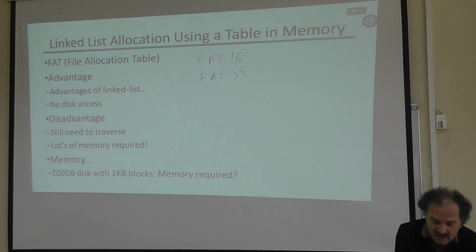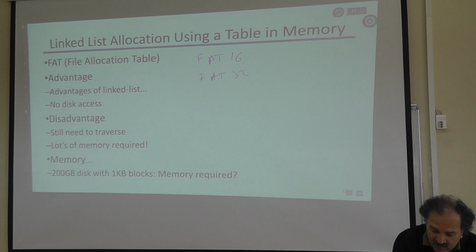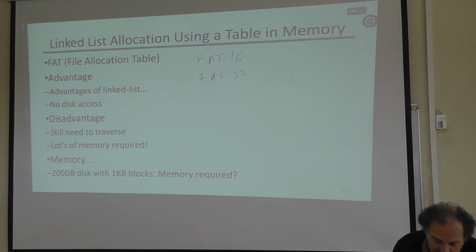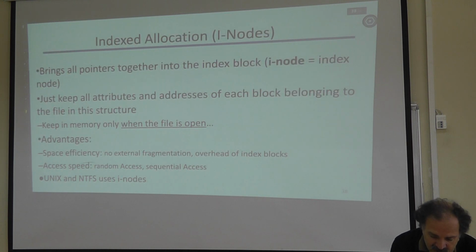Again, for the memory, if I have 2 gigabytes of this space, 1 kilobyte blocks, that means that I have 200 megabytes of memory requirement to keep this table, which is very, very large. Okay, so file allocation table is one solution that solves some problems but causes other problems.